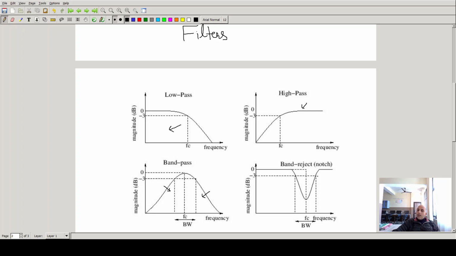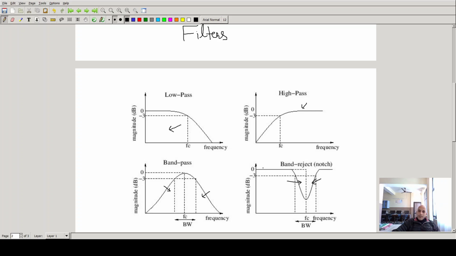Band reject means we are now going to reject a band of frequencies. It is exactly opposite to the band pass. In band pass, we are allowing a band of frequencies, but in this case, we are rejecting a band of frequencies. So here you can see clearly that the graph is reducing as we go closer to the central frequency from both regions, whereas here and here it is stable.